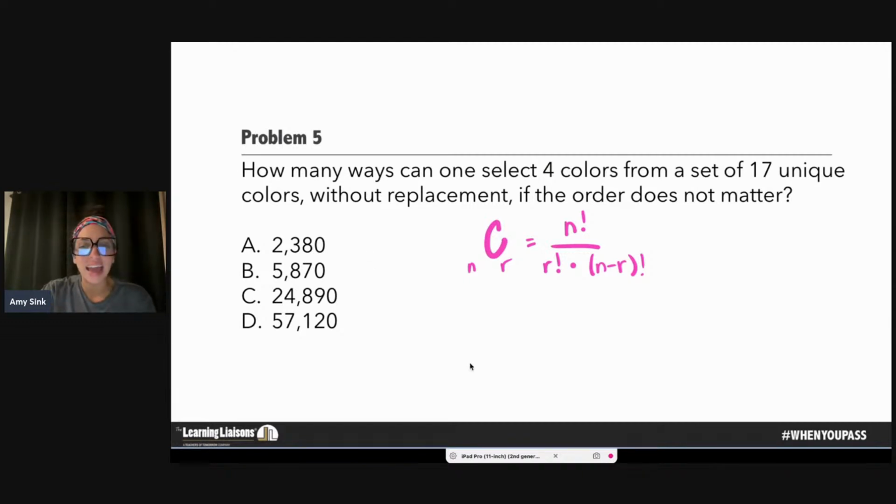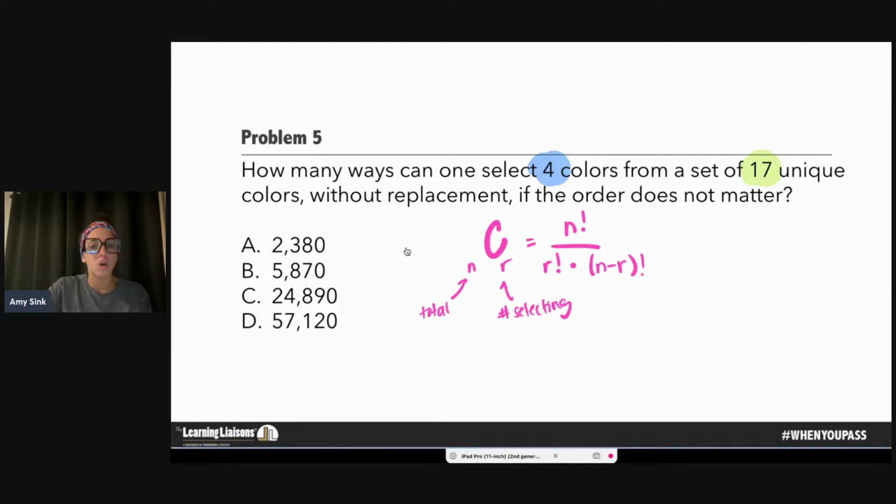So with that said, what does all this mean? N is the number of things I have total, and R is the number that I'm selecting. So this is the total number I have, and this is the number I'm selecting. In this case, I have 17 total that I'm using, and I have 4 that I'm selecting out of that 17.